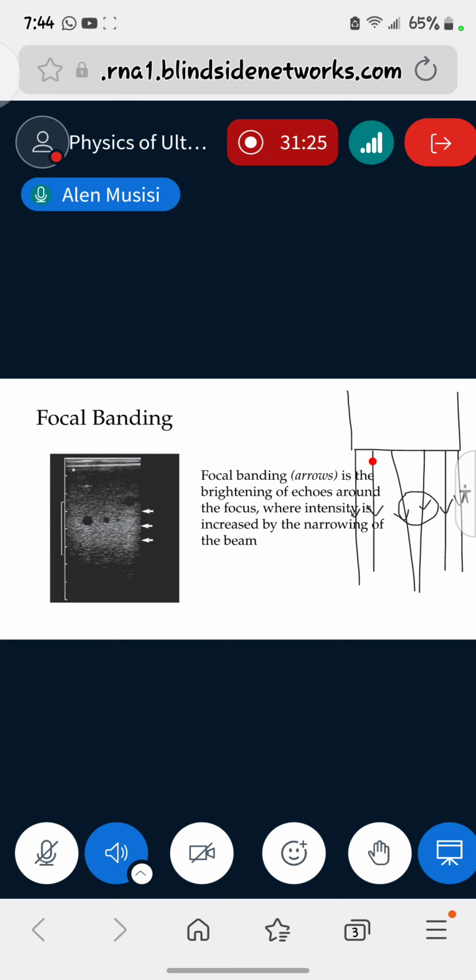But spatial compounding is whereby this transducer is also made to send beams in other directions. You realize that some of the beams can go around the structure. If it was forming a shadow like that, these beams, since they are being sent in other directions, can go around the structure and reveal the structures which were initially in the shadow.